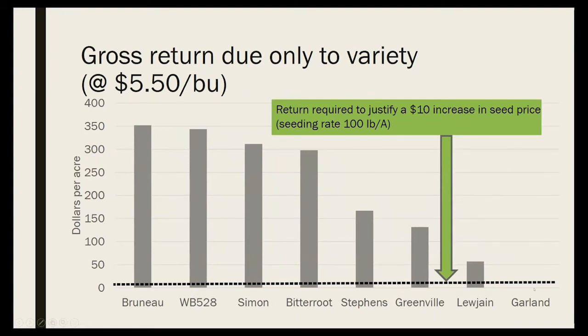So I've set Garland, where it was the lowest yielding in that particular trial, and subtracted its yield from the yields of all these other varieties. Then I've multiplied by the price of wheat at $5.50 a bushel. And so this would be the difference in return, the additional gross return by growing a higher yielding variety.